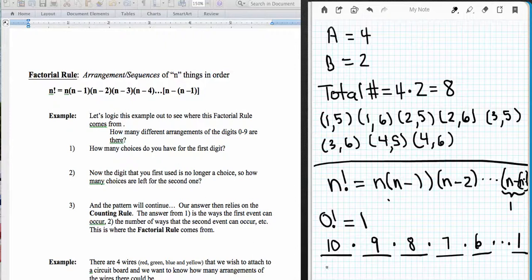Now we can do this with our calculator. We're going to find the ability to do our factorial within our math menu. So if we go to the math menu key on the face of our TI calculator, and then we go to the menu that says PRB, and then we scroll down to the one that has a factorial.